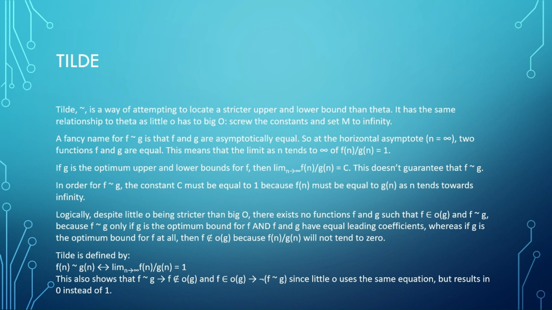This also shows that f being of tilde g implies f is not of little order g and vice versa, since little o uses the same equation, the limit as n tends to infinity of f(n) over g(n), but results in 0 instead of 1. So of course, naturally, you can't have both f being of tilde g and f being of little order g. It's just an interesting concept.